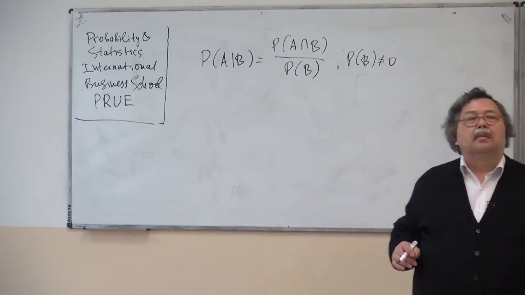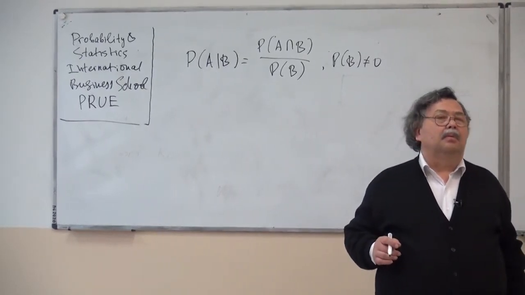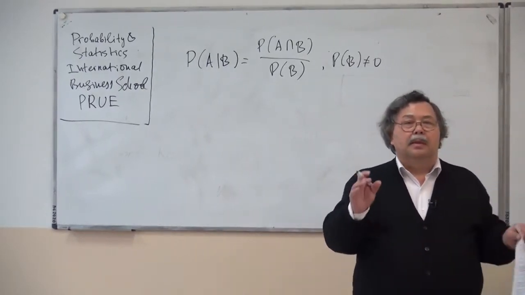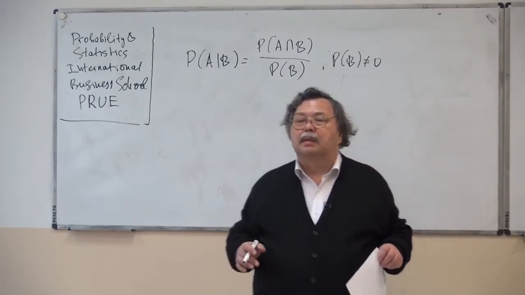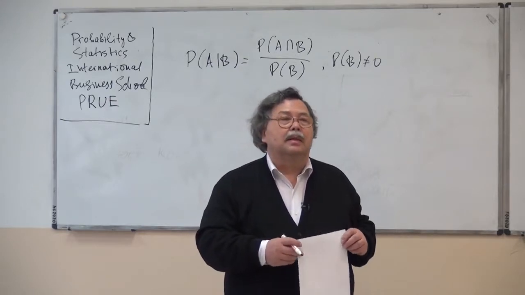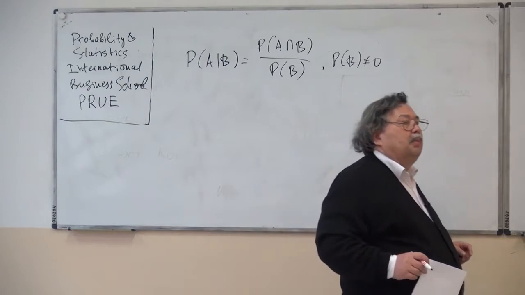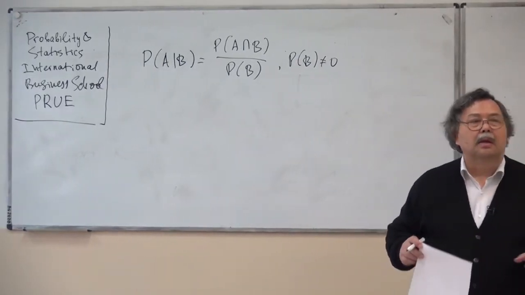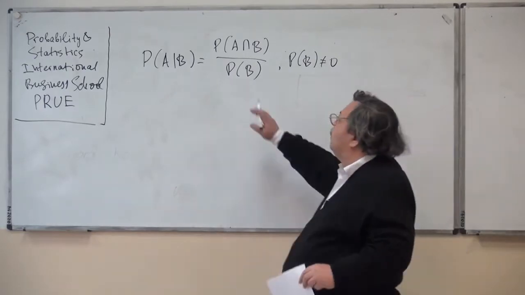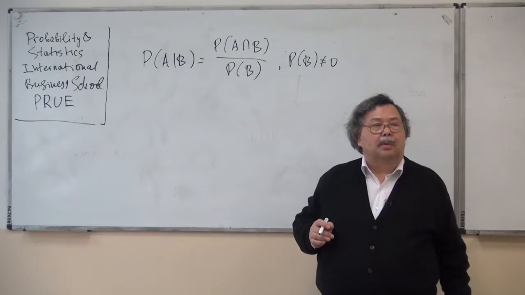Now, last time we derived this formula on the basis of the classical probabilistic model. And within that model, this formula is just a matter of simple arithmetic. It can be easily obtained. But the application of this formula is not limited to the classical model. Outside this model, this formula is accepted as the definition of conditional probability.